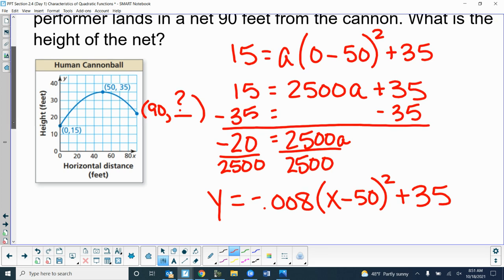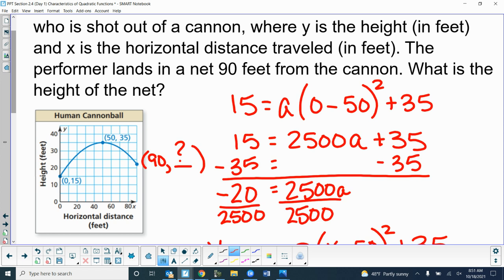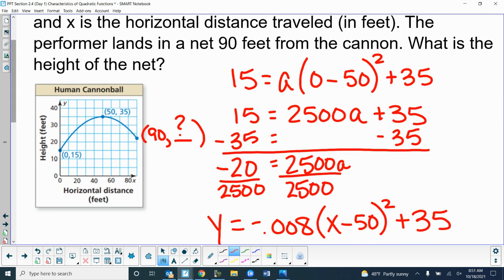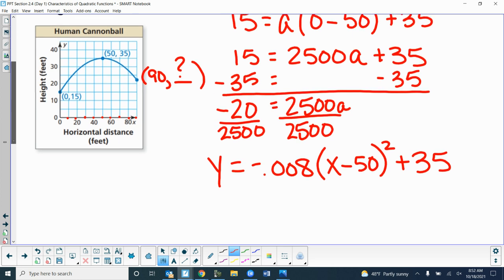You know, in the problem it said the performer lands in a net 90 feet from the cannon. Or if you're looking at the picture, here's our horizontal distance. These are going 10, 20, 30, 40, 50, 60, 70, 80, and it's on that 90 line, right, for x. So we're going to put 90 in that spot.